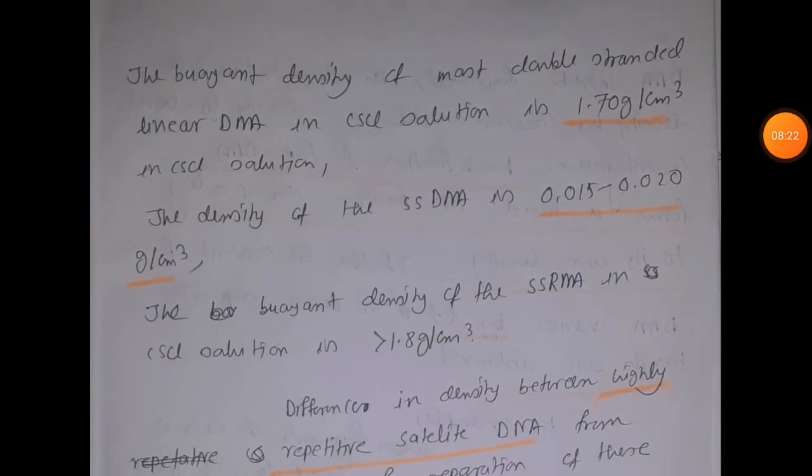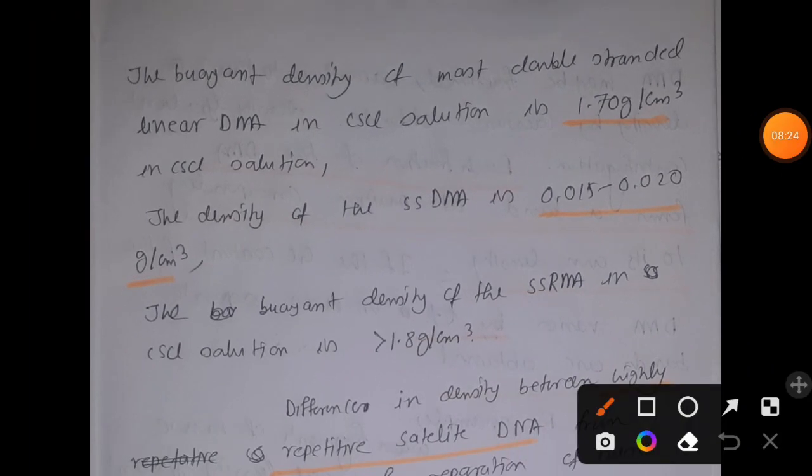The Bowen density of double stranded linear DNA in most cases is 1.70 gram per centimeter cube in cesium chloride solution, the density of single stranded DNA is 0.015 to 0.020 gram per centimeter cube, and the Bowen density of single stranded RNA is greater than 1.8 gram per centimeter cube.